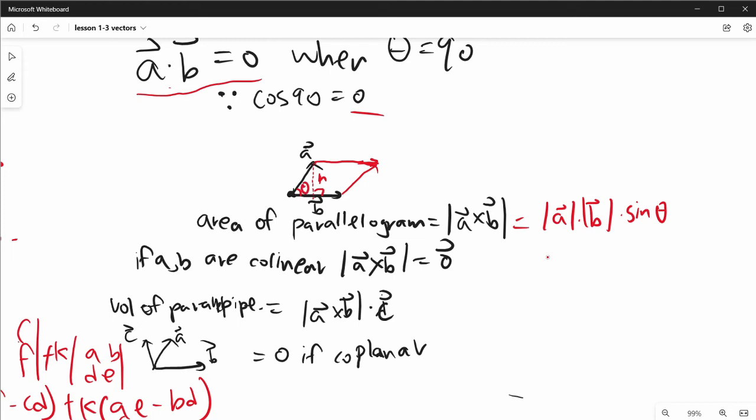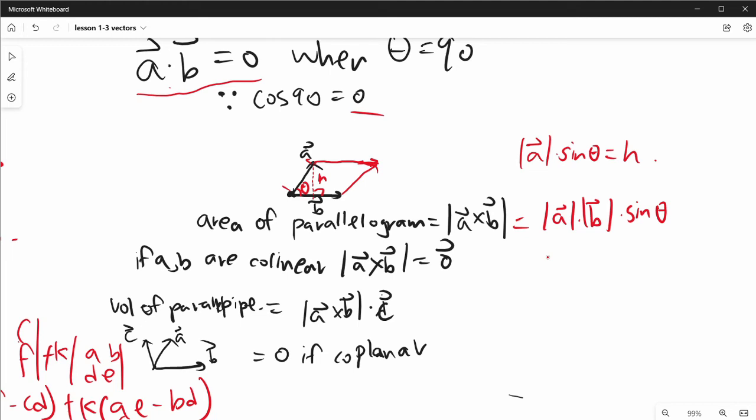If you look at this right triangle here, the length of A times the sine of theta, using the right triangle, will equal the height, as sine is opposite over hypotenuse.